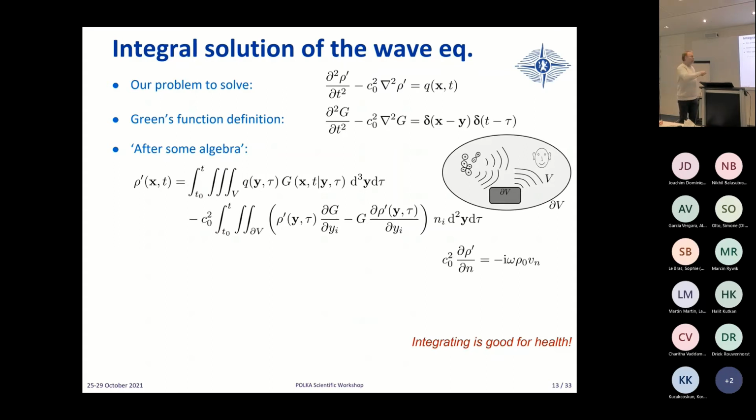So we will effectively sample our source field at particular positions and particular times. We will look at the source term at a certain time corresponding to the distance from the listener. So that's the first term here. And then we have a second term, which is a byproduct of some integration by parts that we did along the way. That contains a number of terms that we would like also to simplify as much as possible.